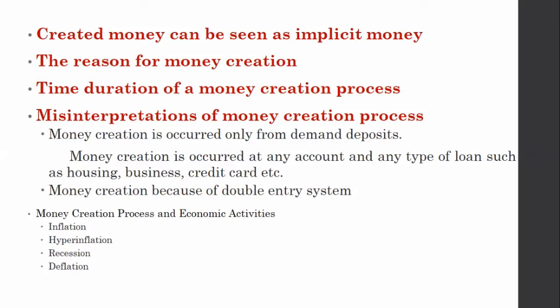Because of this electronic means, this money creation happened, right? Since my payment of 3,000 was done as an electronic method, maybe the actual money can be circulated from one end to another and then created some additional money, right? So the reason is the transactions happen using other means like checks, debit cards, credit cards, etc.